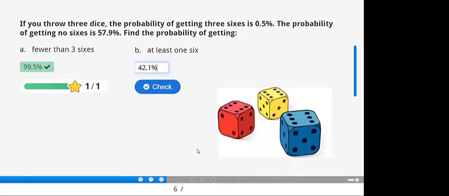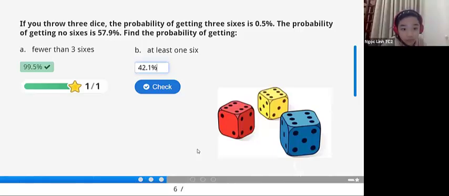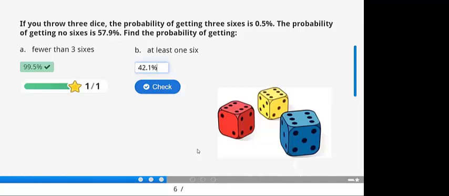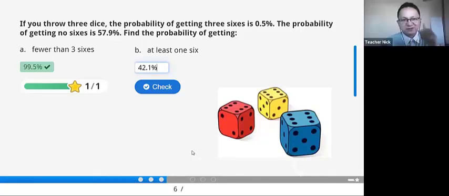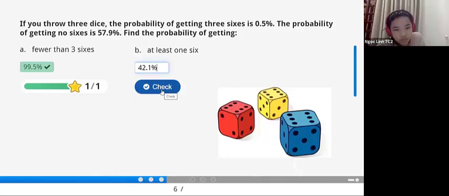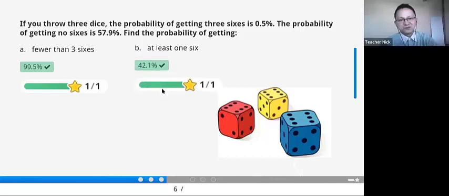So the probability of getting no 6 is 57.9%. So I take 100% subtracted by 57.9, so I have 42.1. Very good. That's the correct answer, right? Let's see if we really have the correct answer. Yeah, 42.1%. All right.